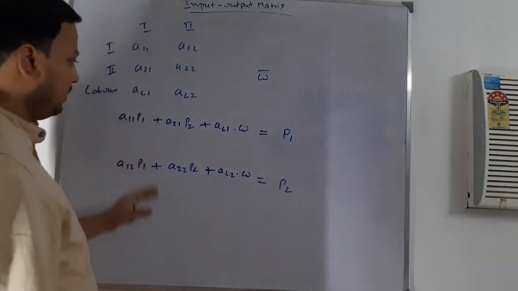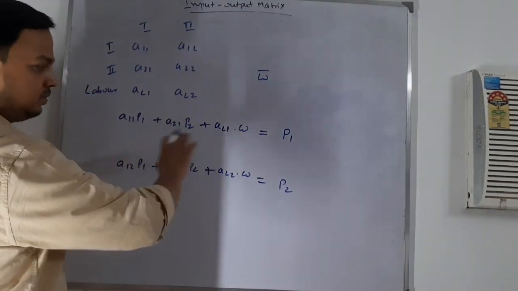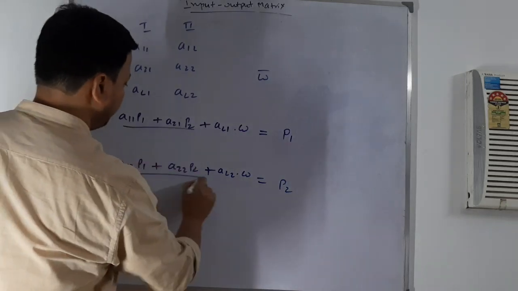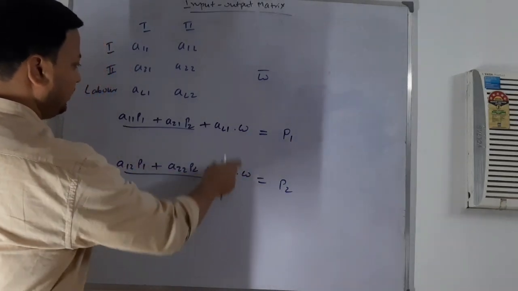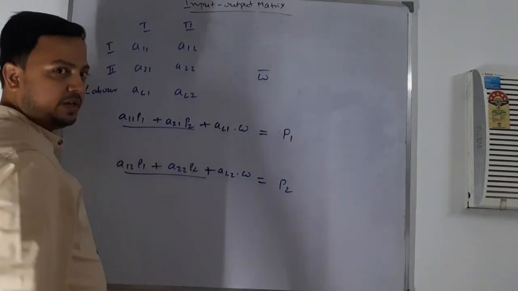Let's see how we can solve this problem. Take the price terms to one side, and keep the value term of the unit labor requirement on the other side.